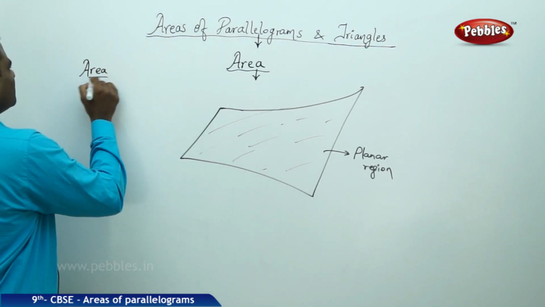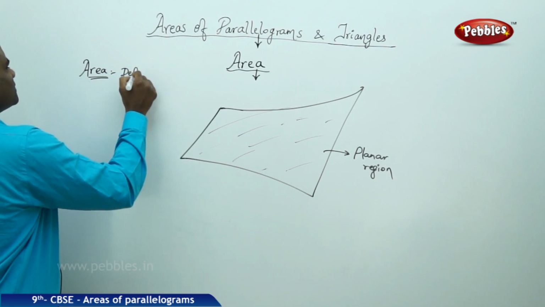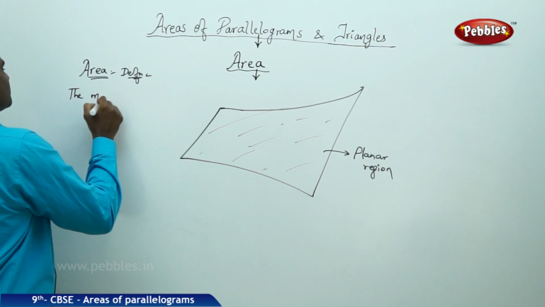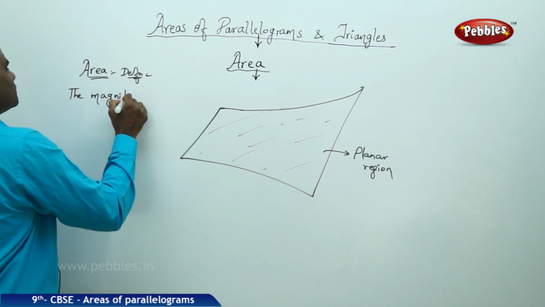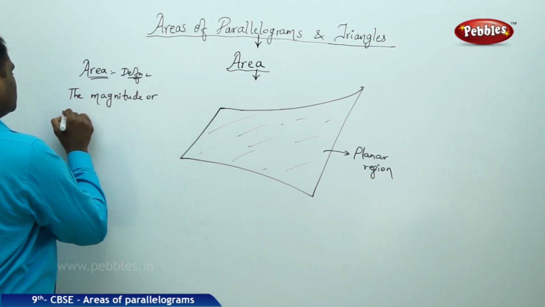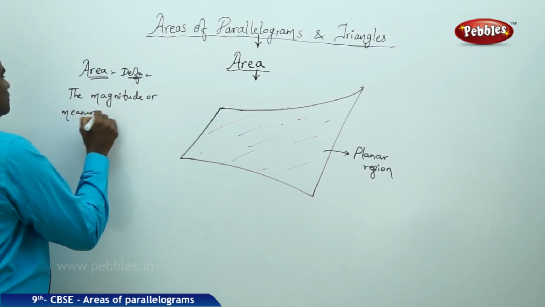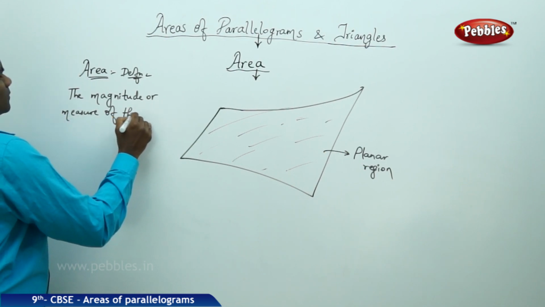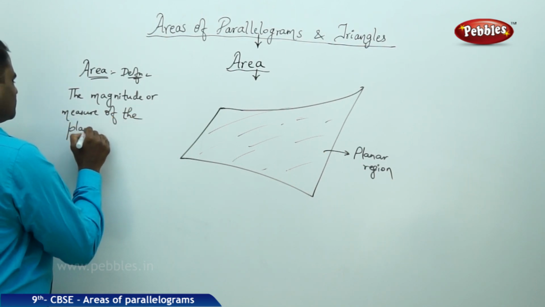area is defined as the magnitude or measure of the planar region.